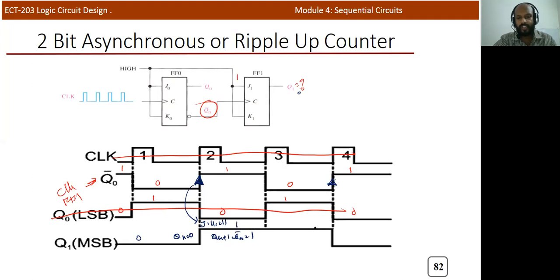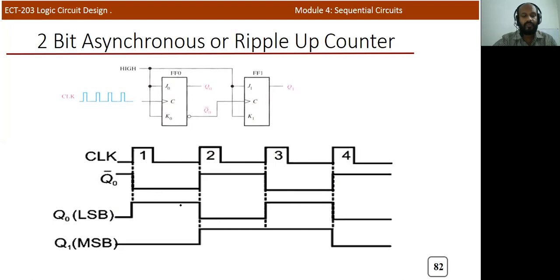Now it will continue in this state, and we observe Q0 bar as a clock. The next positive edge occurs at this particular instant. Again we need to verify the J1 K1 input at this time. It is again 1 1. It's fixed. So Qn is 1, and Qn plus 1 will be Qn bar, which is equal to 0. So Q1 is changing from 1 to 0.